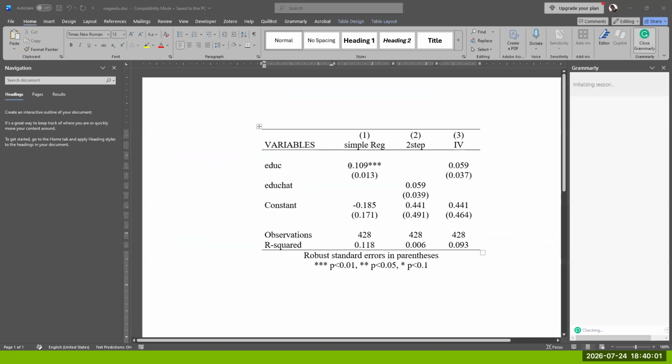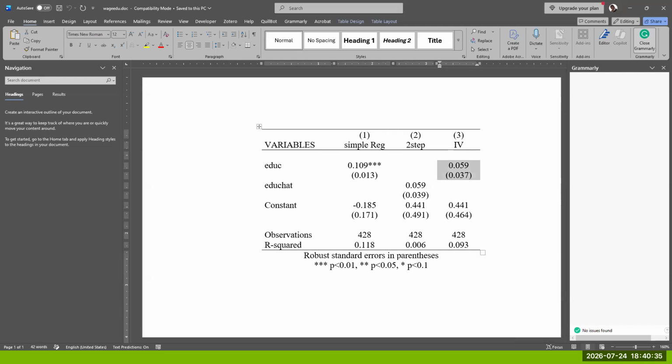When you estimate the OLS, we had this 0.109. We went through the two-step, and then we had this education hat being here. And then we used the ivreg2 command and had that. So at least you can realize that whether you use the two-step procedure step by step or you use the ivreg2 command, you still have the same thing.